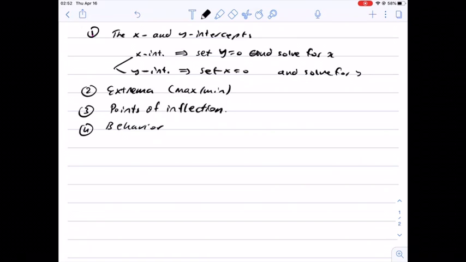Fourth, we need to focus on behavior near singular points of the function.